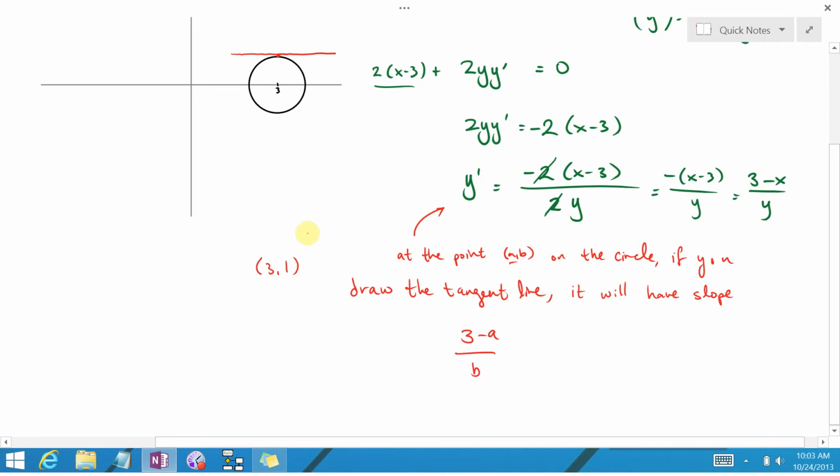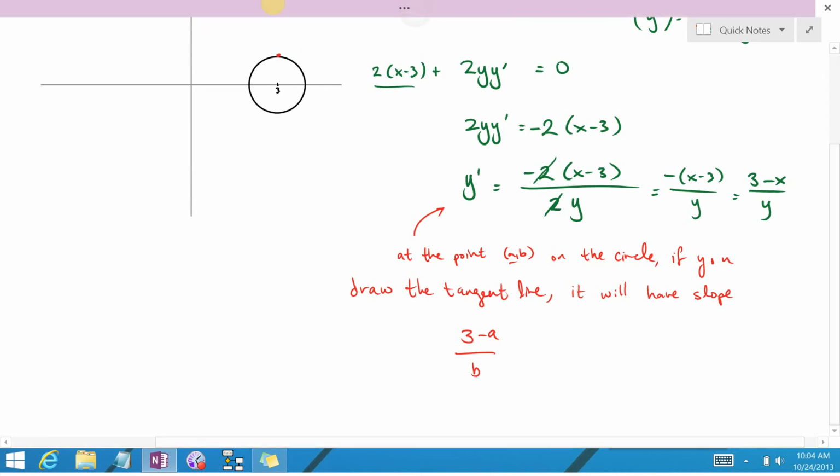And indeed, if we plug in this a and this b into this formula, 3 − 3 divided by 1 is indeed 0 over 1. It's 0. So for those of you who thought these were the 2 points, then clearly you're wrong. Those tangent lines are horizontal. So that's not what we're looking for.